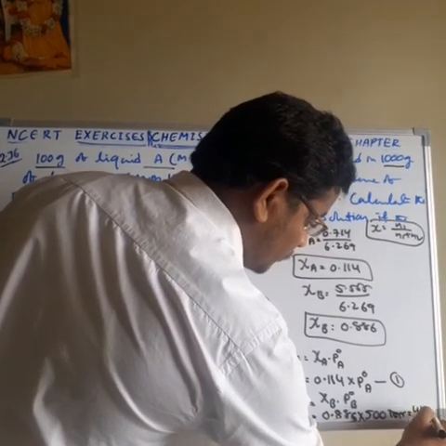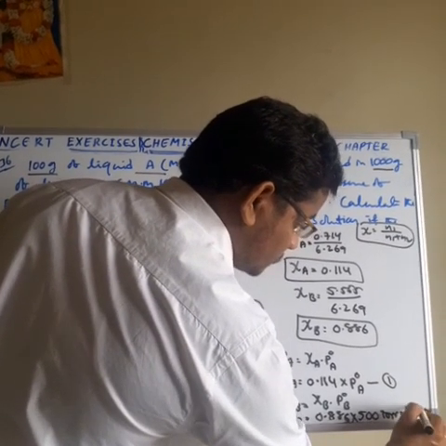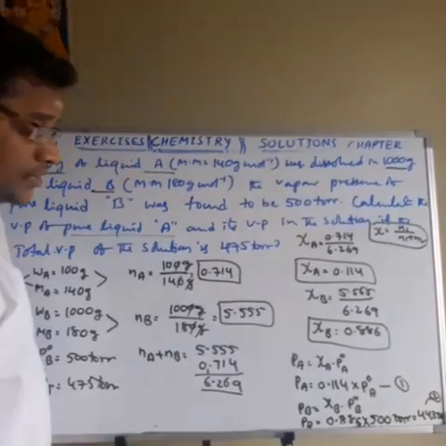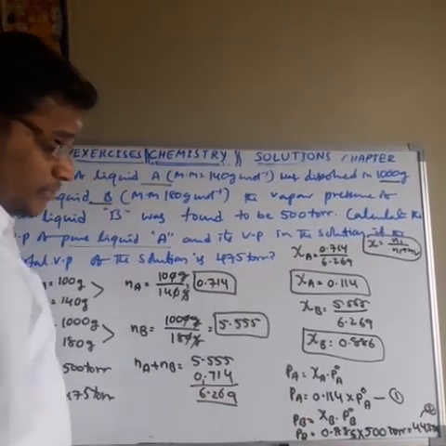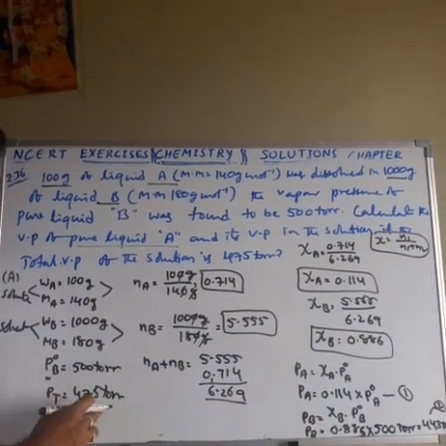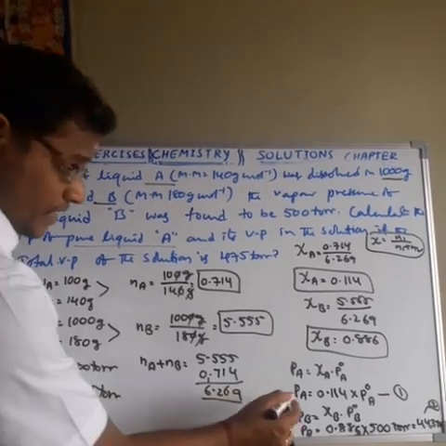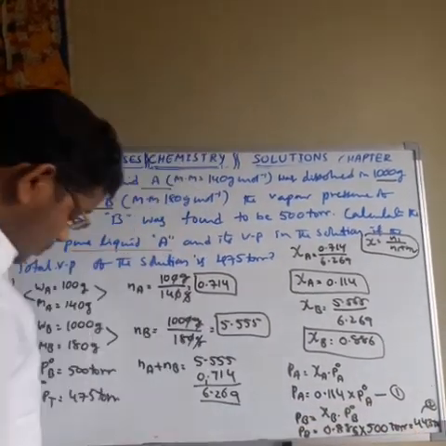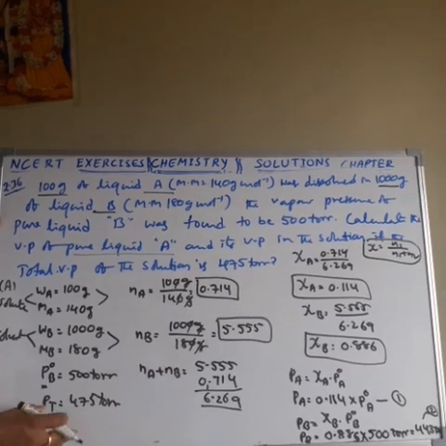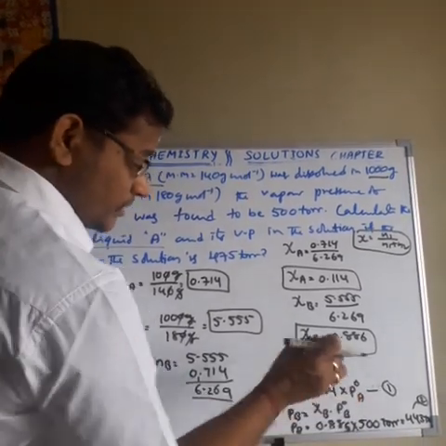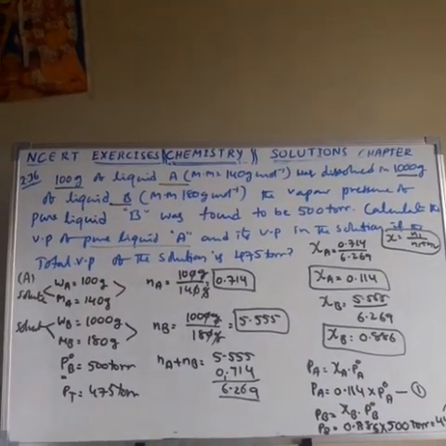Its value is 443 torr. That is equation 2. So this is the PA value, this is the PB value. But the total is 475. Then combining equation 1 and equation 2 gives PT. By using this we have to calculate P naught A, the vapor pressure of pure liquid A. That is the next step.